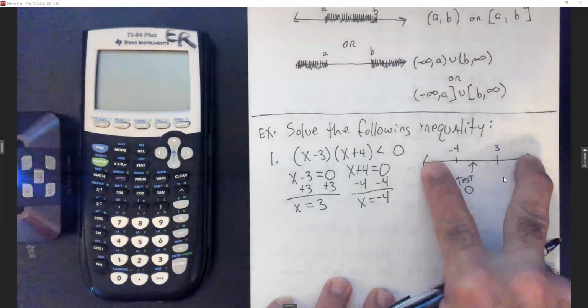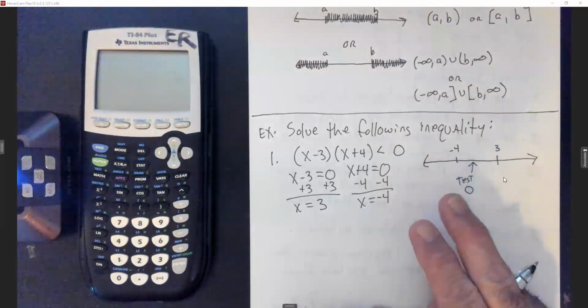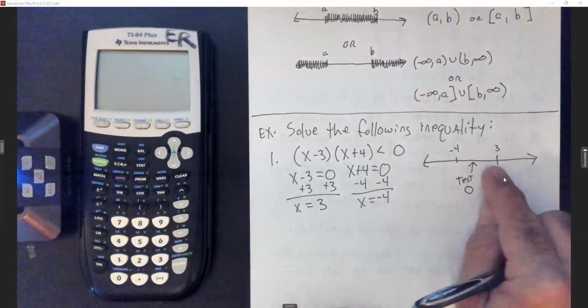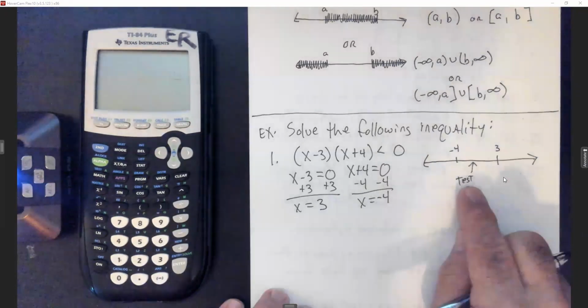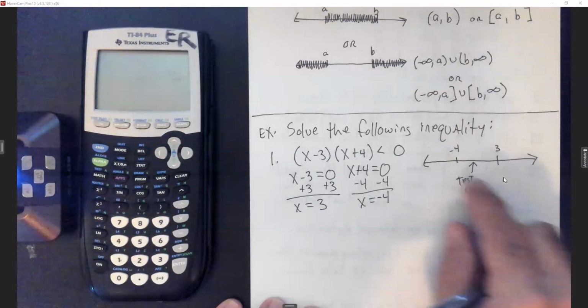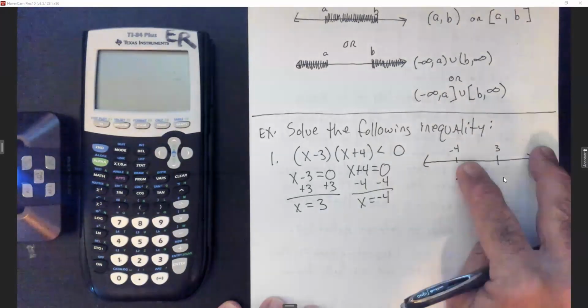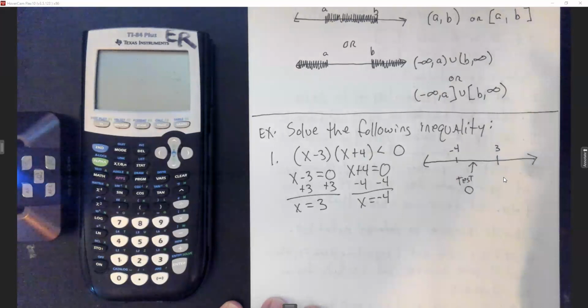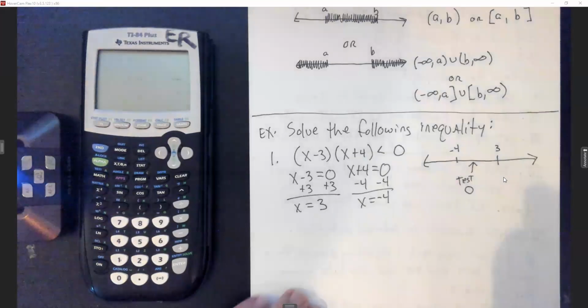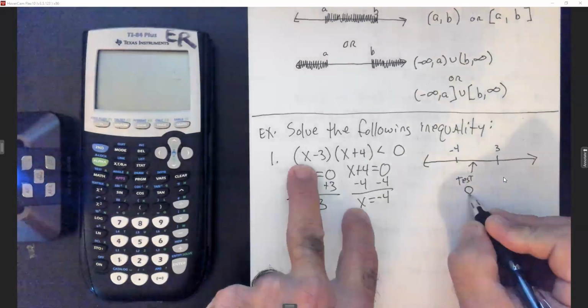So I can test one number to figure out how to shade this. And it just depends on where my 0 is. Now, you can use any number you want to test this, but I use 0 because it's the easiest one to work. So if I'm going to test 0, I would put 0 in for these problems.